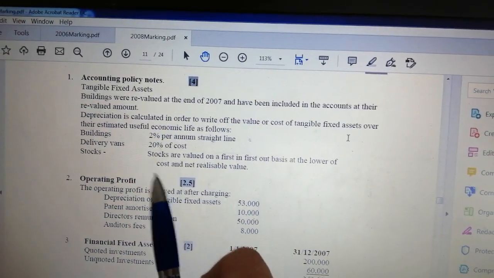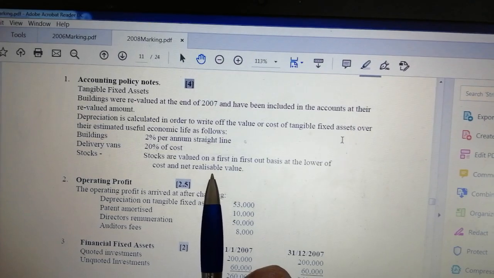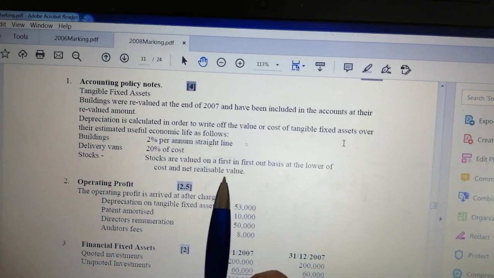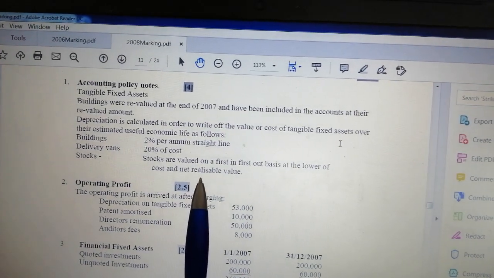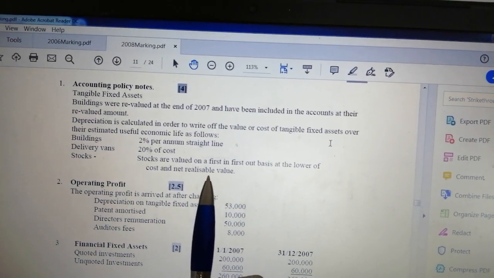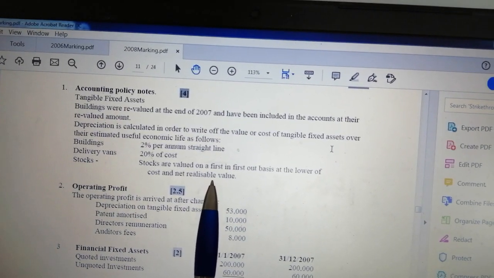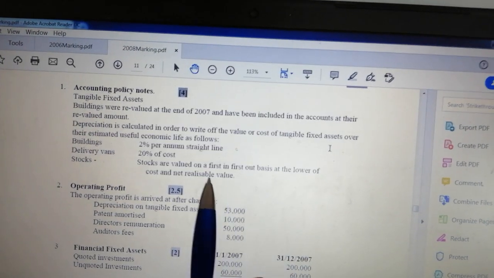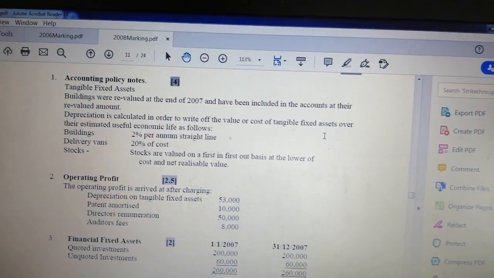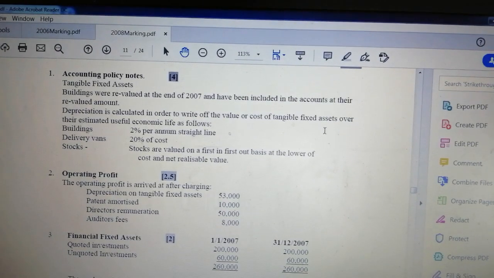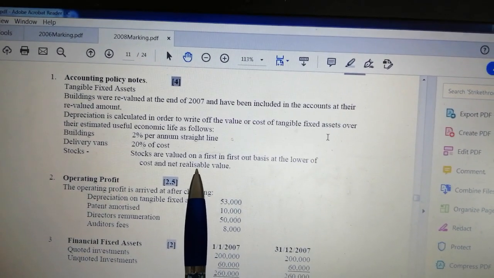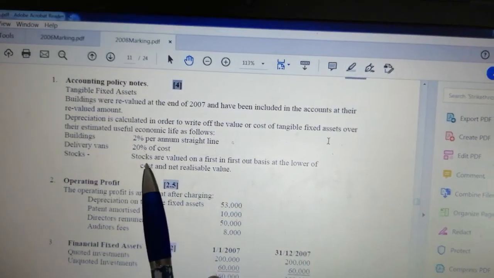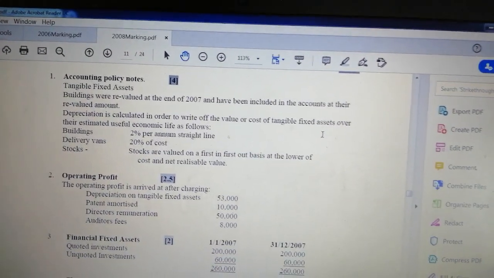Well, if cost is 20 and the amount you could possibly sell them for is 10, then you must value them at the lower of the two, which would be the net realizable value, which is €10. Okay, so because of the accounting concept of prudence, not to overvalue things, you must value them at the lower of the two, whether it's cost or net realizable value. And it could go the other way around, I suppose.